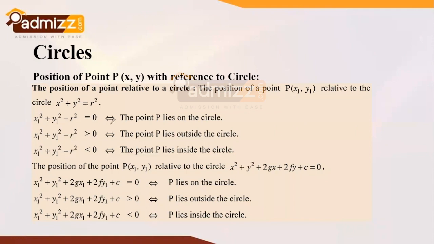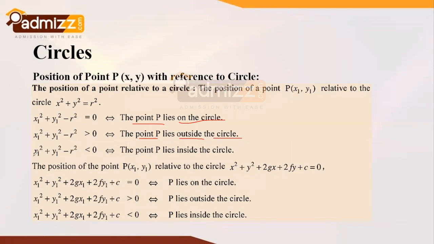If this condition prevails, then we can come to a conclusion that this point P lies on the circle. That means it is exactly on the circle. Now if the value of x1² + y1² − r² is greater than 0, then point P lies outside the circle.